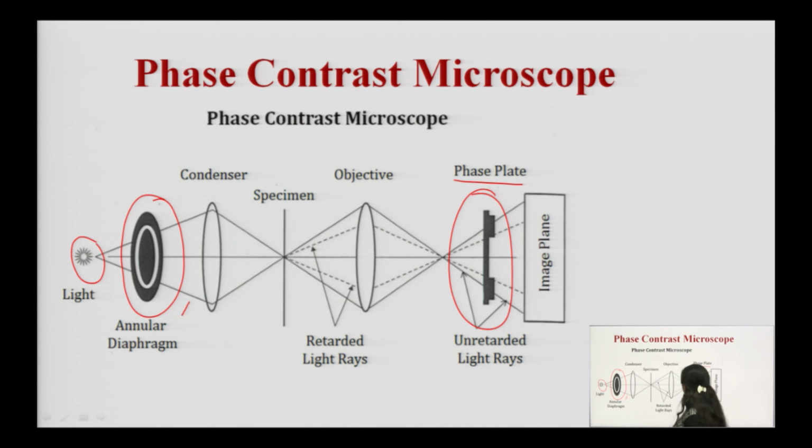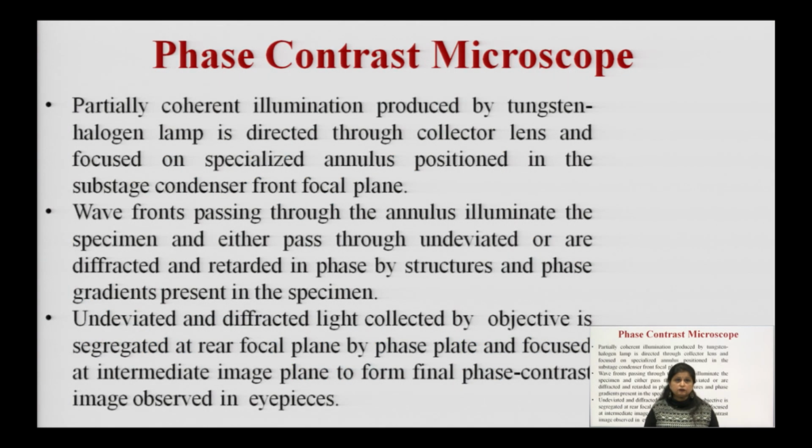These two additional plates were added to the normal microscope: the annular diaphragm, and the phase plate, attached between the objective lens and the eyepiece, which was able to analyze the changes in refractive index in the diffraction patterns.